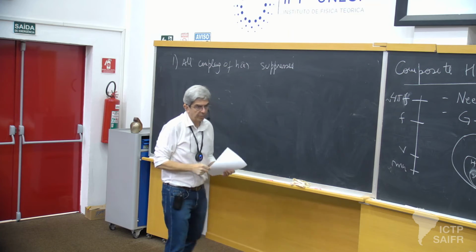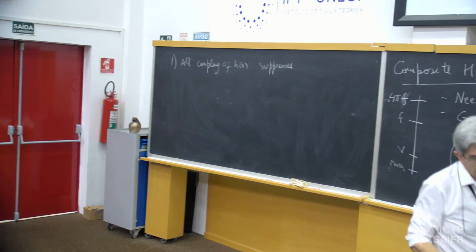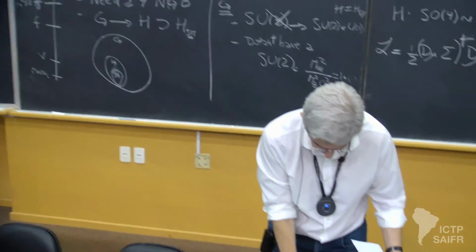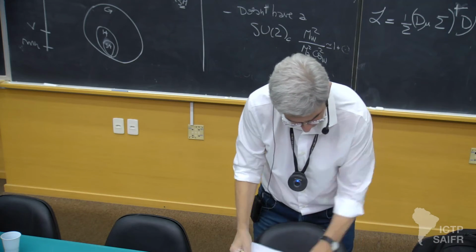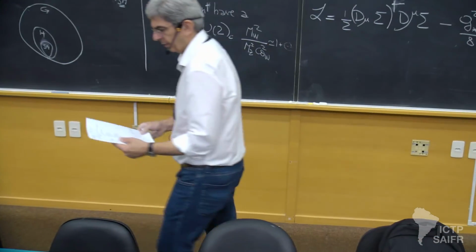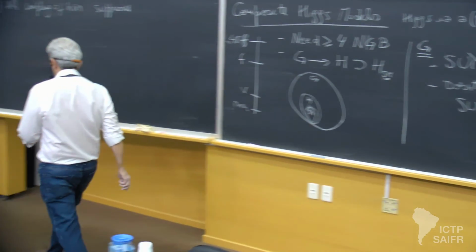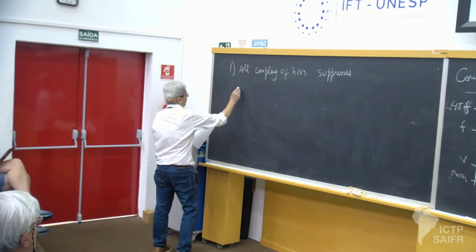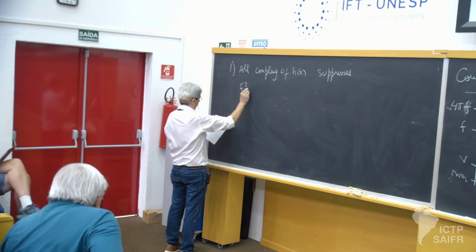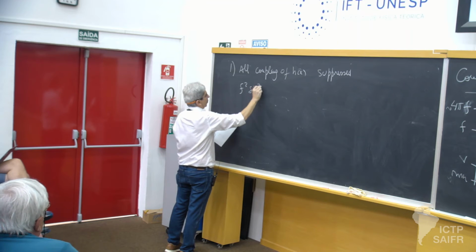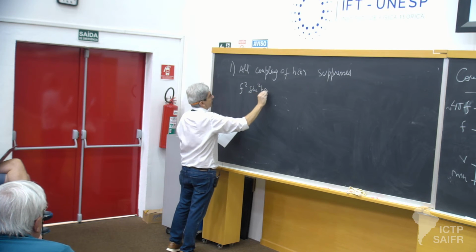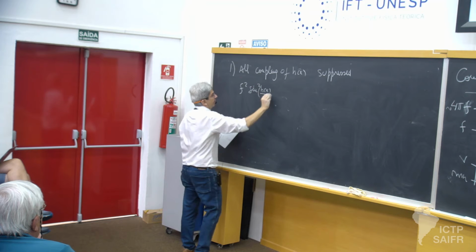They're going to be suppressed by this factor, which I cannot derive, but essentially there's going to be some F squared times the sine squared of H over F. This is the field divided by F, right?